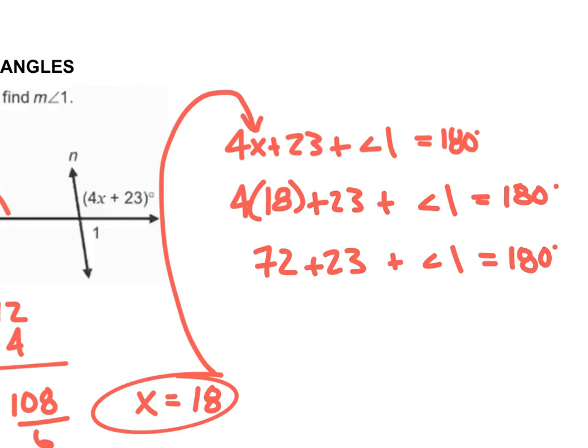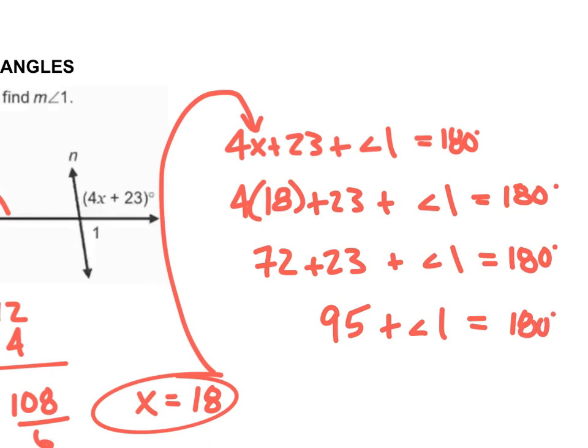So 72 plus 23 is going to give me 95. Just wanted to double check on the calculator. So 95 plus angle 1 is going to equal 180 degrees.